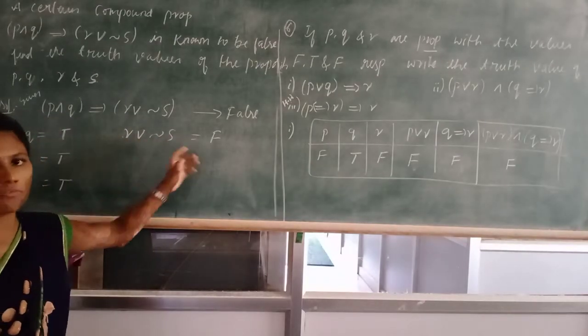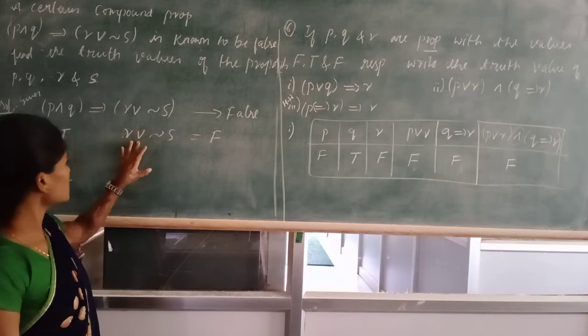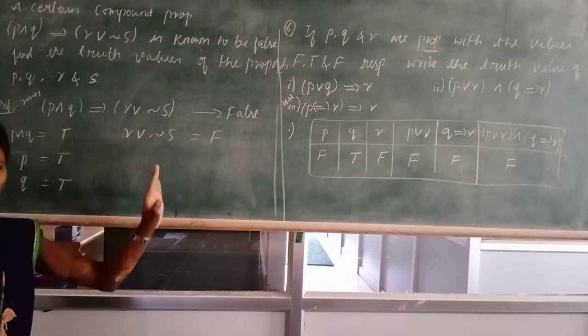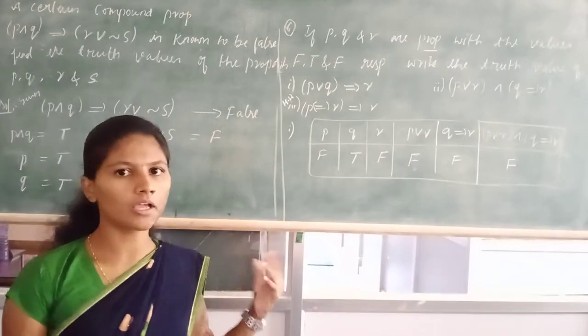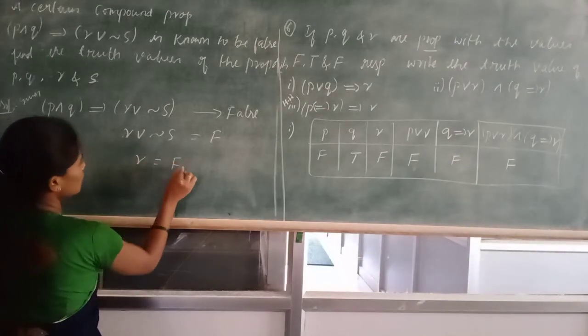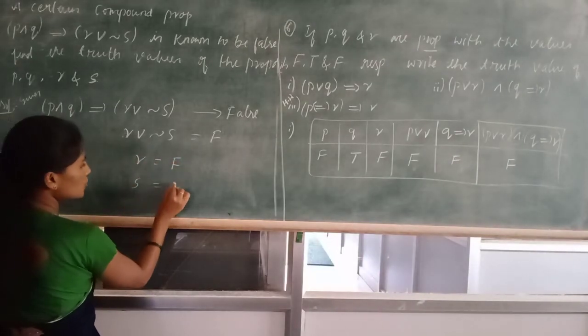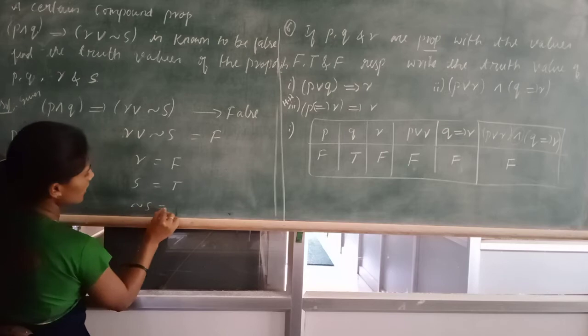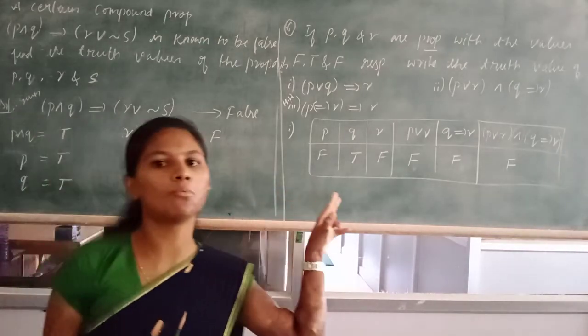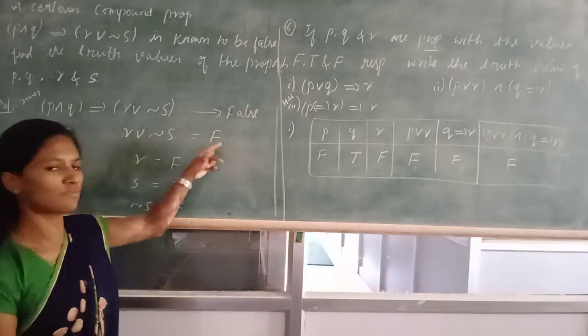Or negation of S, so false value. False value comes in that statement only if both are false. Otherwise false will not come. So here R equals false, so S equals true should be given. Negation of S becomes false. Then false and false, if both are false, then it is false statement.